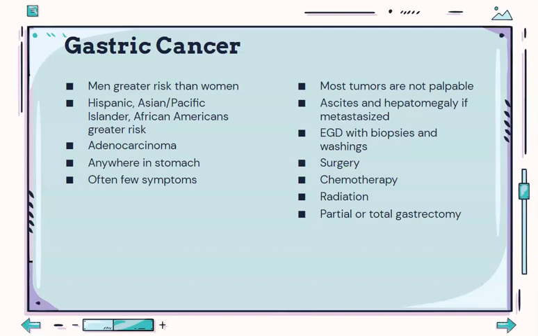You may or may not be able to palpate them depending on their size. There could be some ascites and hepatomegaly if the tumor has metastasized. We can do an EGD with biopsies and surgery to remove, chemotherapy, radiation, partial or total gastrectomies.